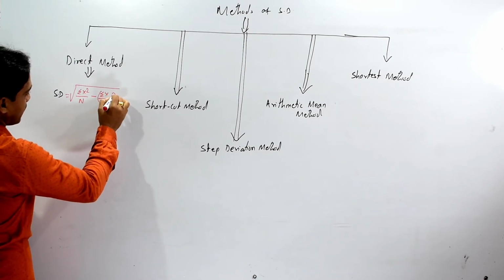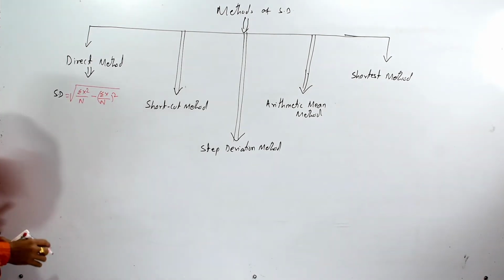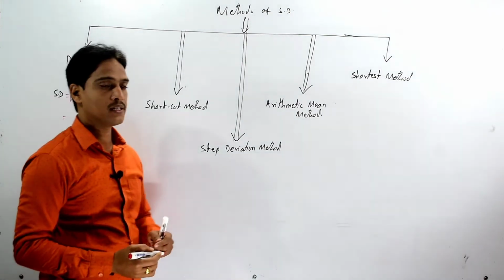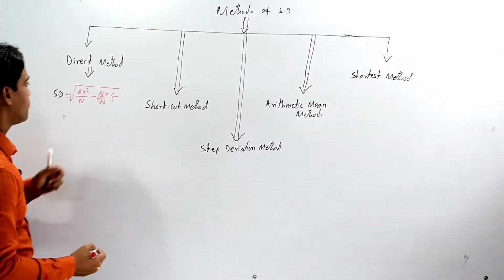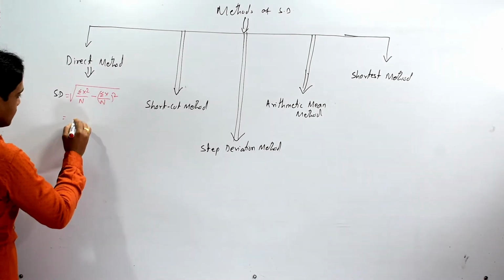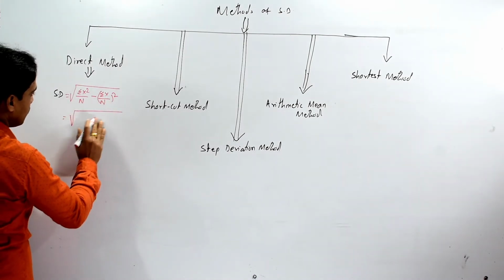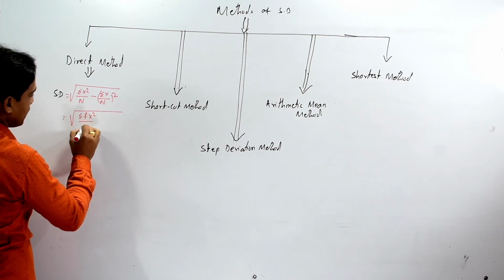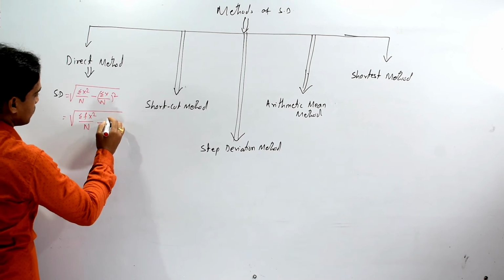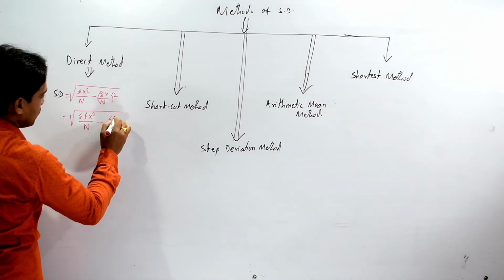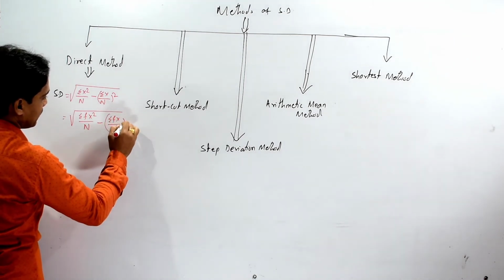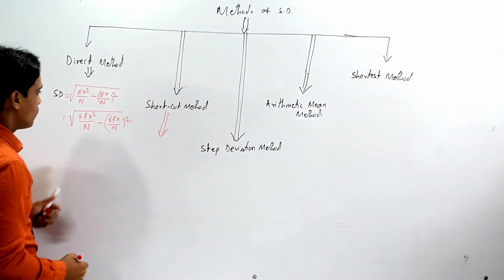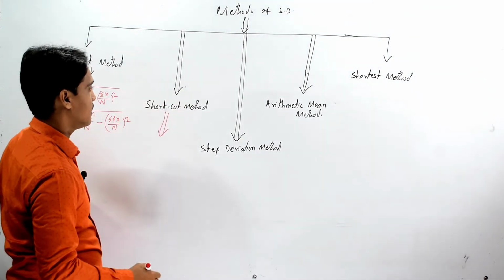And in case of discrete and continuous series, we multiply the frequencies with the variables, that is whole root of summation fx square by n minus whole square of summation fx by n.